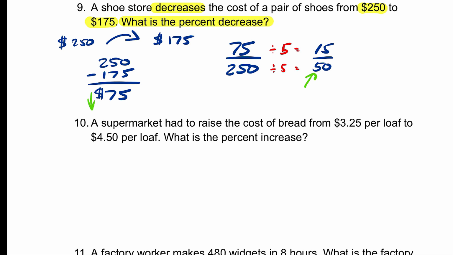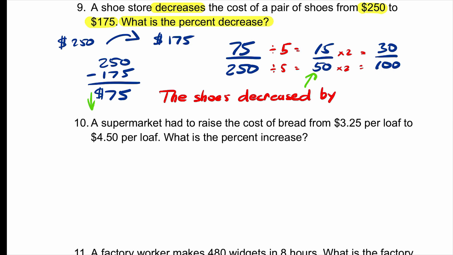So really, if it's out of 50, I could just multiply this by 2 on top and bottom, and now I'm going to end up with 30 out of 100. And what do I know about any number out of 100? That is the percentage. So 30 out of 100 is 30%. So a word problem says, what is the percent decrease? The shoes decreased by 30%.